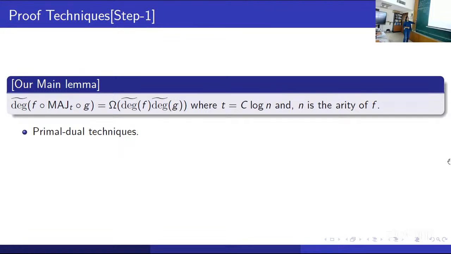So I'm just trying to give a proof overview of this lemma because I want to conclude what we can prove from here. When we are trying to solve this type of composition question, what is the usual approach? So given an approximating polynomial for f compose G, say this P is given to me.